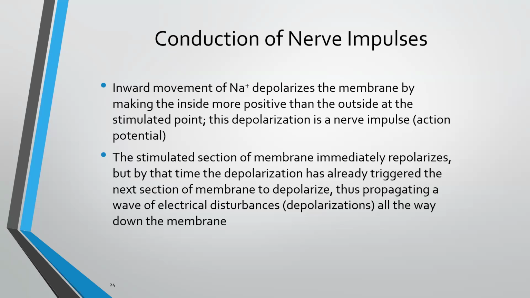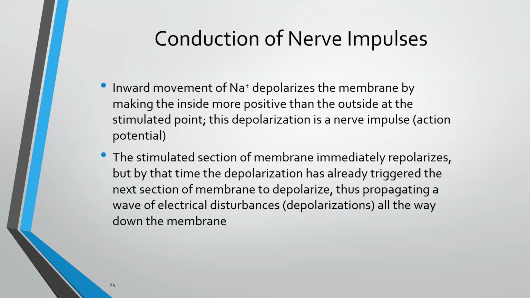So you get inward movement of the positive sodium ions that are outside the neuron. They depolarize the membrane by making the inside more positive than the outside at this point. And this depolarization is the nerve impulse. It's called an action potential.